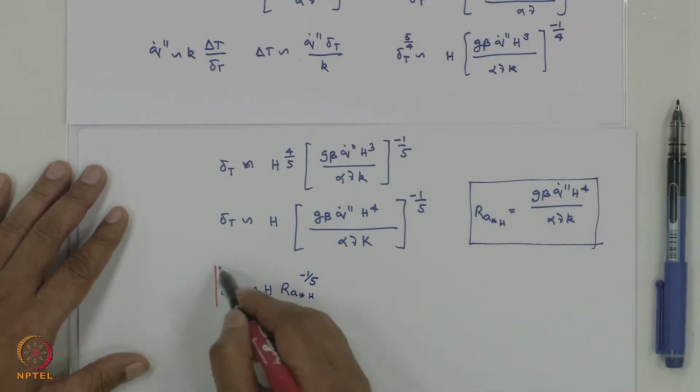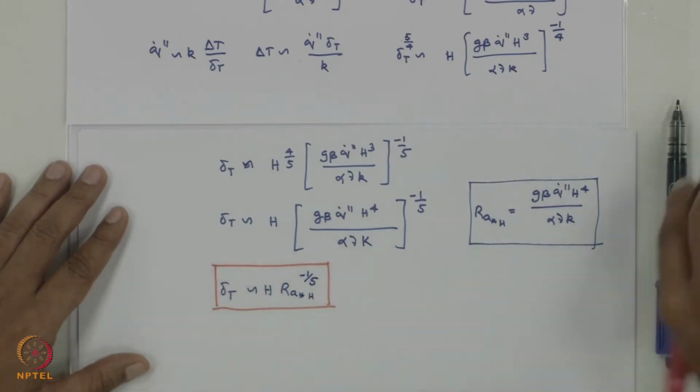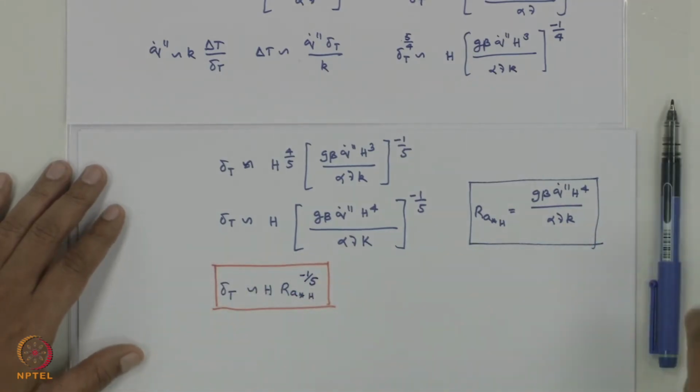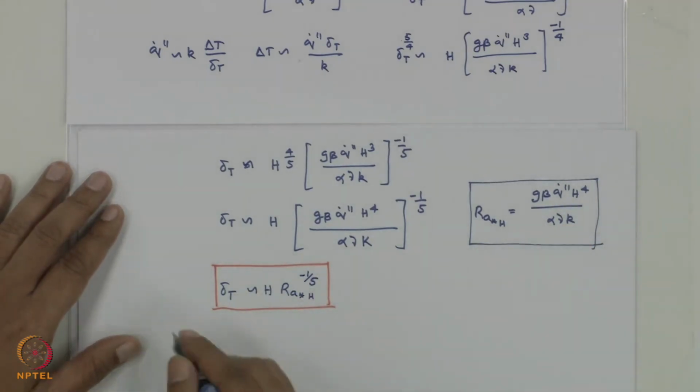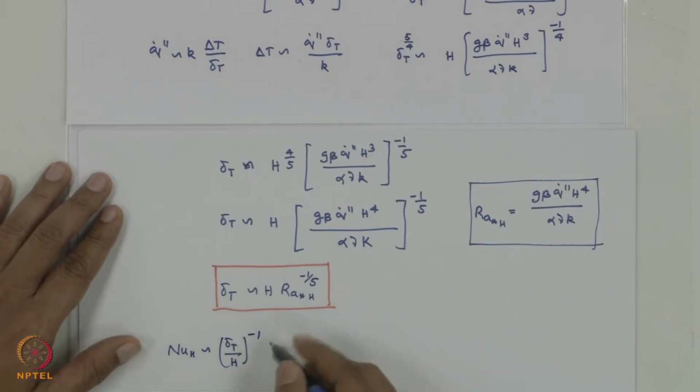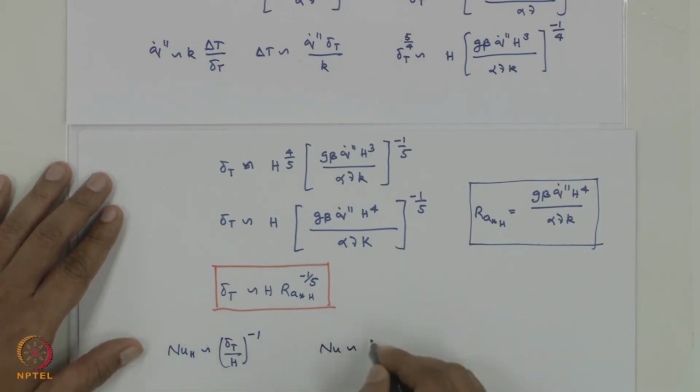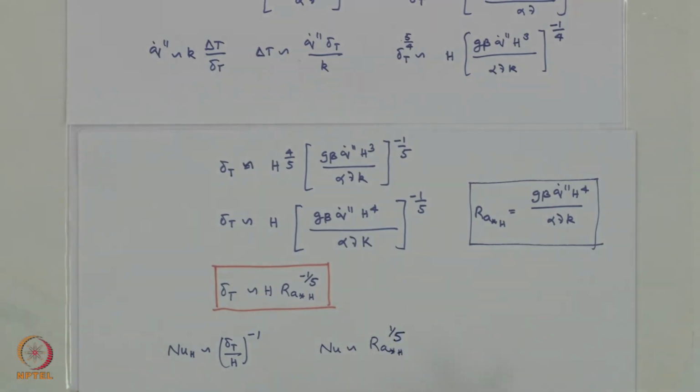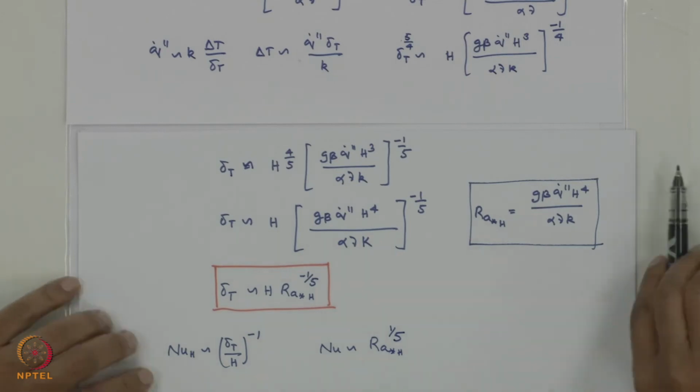So I got my delta T. You recollect Nusselt number, I don't have to do anything. Nusselt number is of the order of delta T by H to the power of minus 1. We have derived this several times. So Nusselt number is of the order of Ra star H to the power of 1 by 5. Remember, I have taken this for Prandtl number greater than 1.